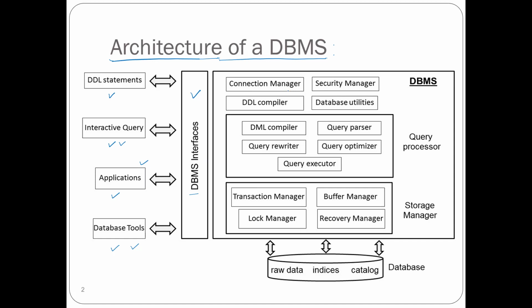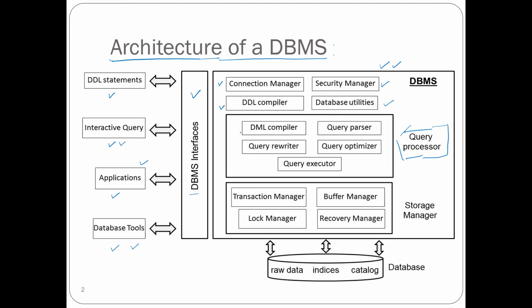Now let's look at the other components in this big rectangle that you're looking at. Here we have some very important components like the connection manager, then the security manager, DDL compiler, and database utilities. Then you'd see a big rectangle labeled query processor. And finally, we have a storage manager.